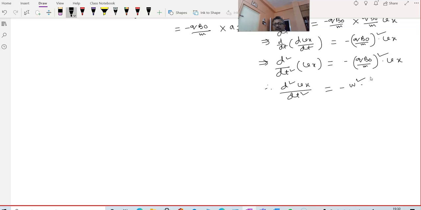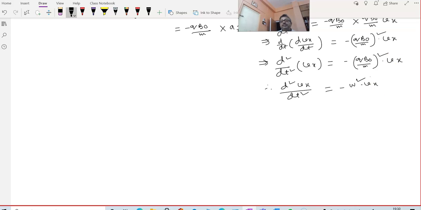See how mathematics helps to solve natural problems. Mathematics is, people say, most abstract, but it can explain nature. Q B0 by M, BQ by M, we got back here. So omega we can easily express here. But who told that that same expression would be coming here? It has come.